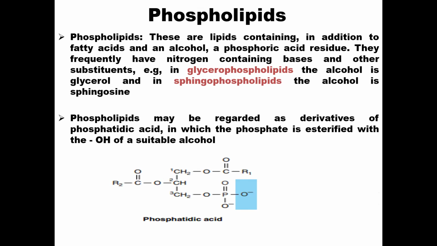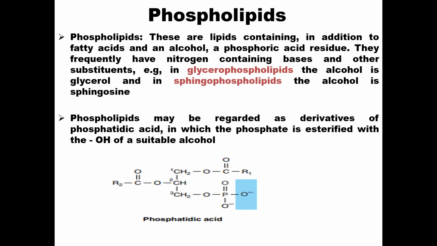The structure below is that of phosphatidic acid. You can see carbons labeled carbon 1, carbon 2, and carbon 3. These are the three carbons of glycerol. You have a fatty acid substituted at position 1, and at position 2 you have another fatty acid, while at position 3 you have a phosphate group substituted.